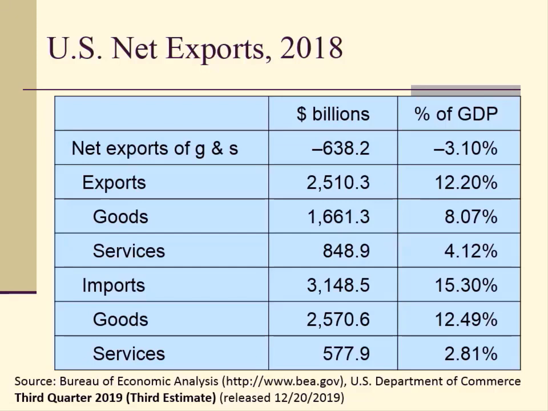So there's a big gap between exports and imports, and we call that a trade deficit. If you divide into components of goods and services, and compare goods exports versus goods imports, there's even more gap between them. While if you compare services exports and services imports, you actually have positive net exports of services.